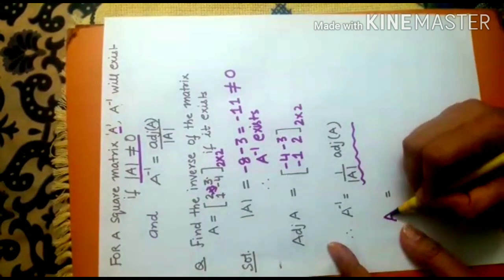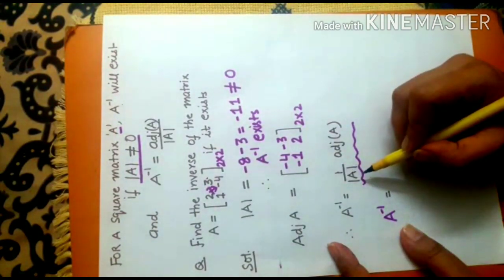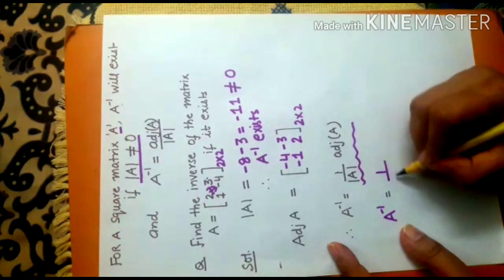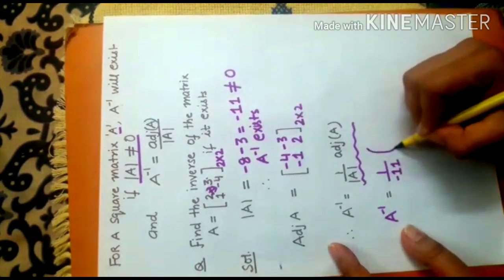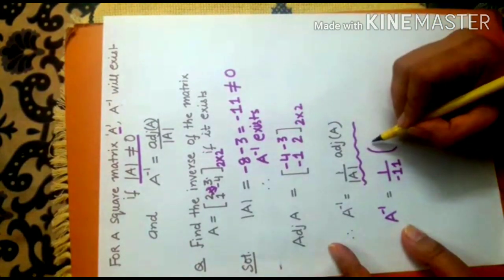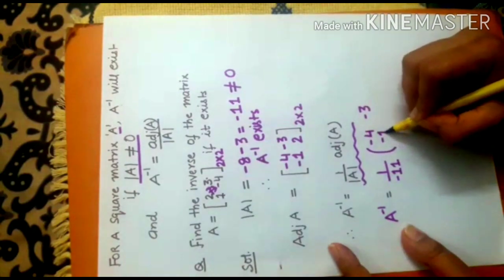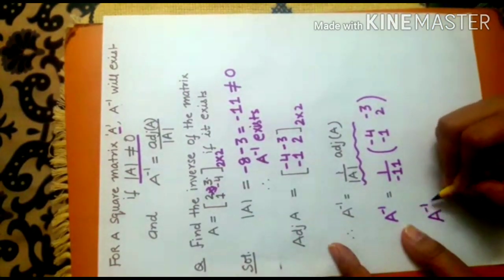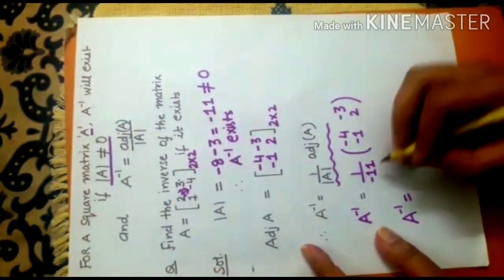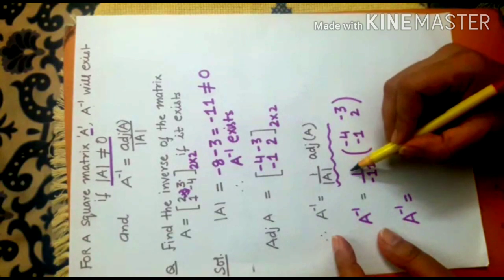Now A inverse will be given by 1 upon determinant A, that is 1 over -11 into adjoint of A, which is -4, -3, -1, 2. And this can be written as, yes, this matrix is multiplied by this scalar.